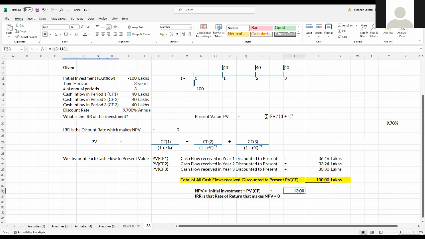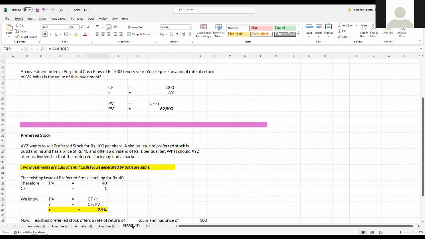What we did in this session was consider various kinds of annuities in different settings, whether it's personal finance or corporate finance. Then we considered perpetuities, which are a special case of annuities, and then we considered IRR.